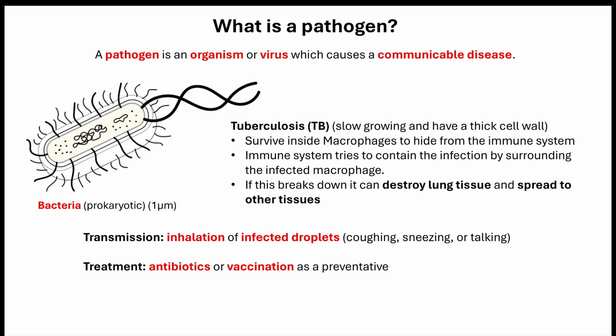So you could potentially kill an organism that transmits the infection, but there's ethics involved in that. We could treat it with antibiotics, but remember, we may result in antibiotic resistance, so that is a way in which they could go down the topic area, or we could vaccinate against it as a preventative.